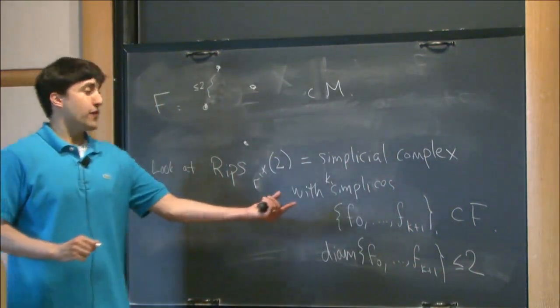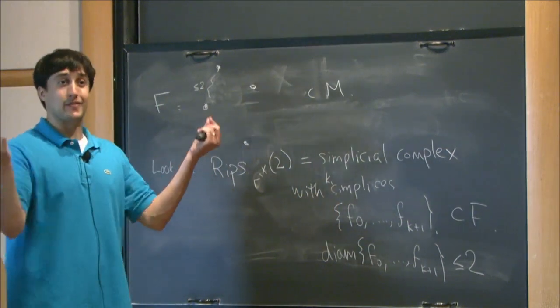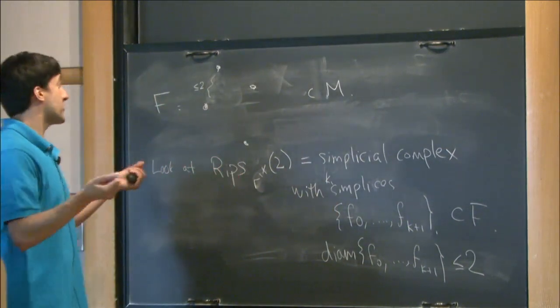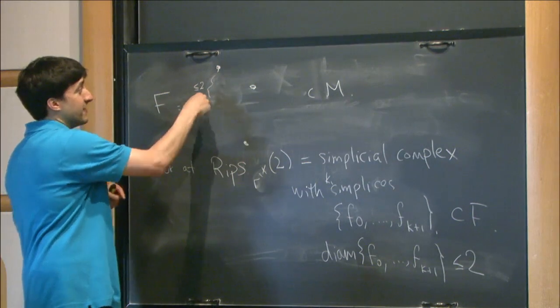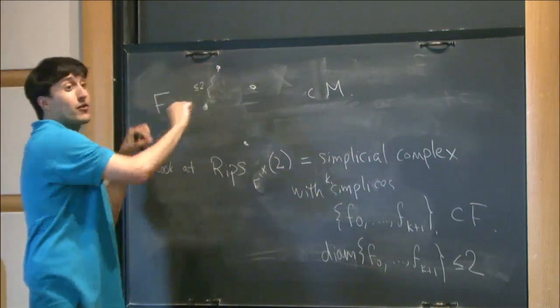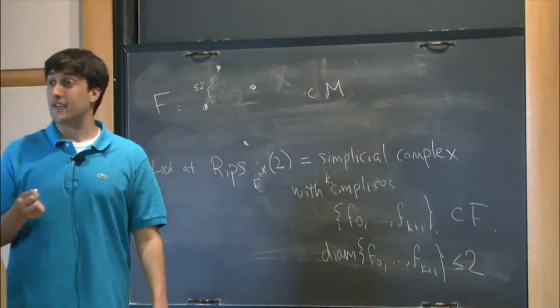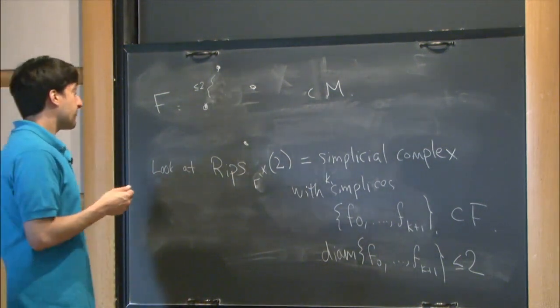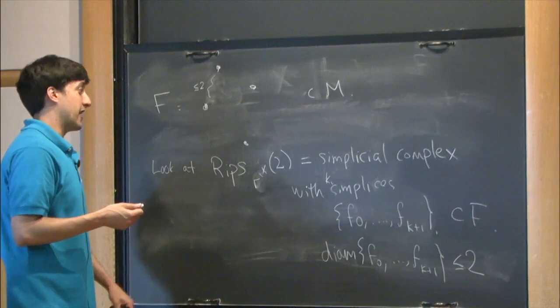So if you have 2 points, saying that the diameter of that set of 2 points is less than or equal to 2 just says that the distance between those 2 points is less than or equal to 2, which means that the balls of radius 1 centered at those points have a common intersection point.